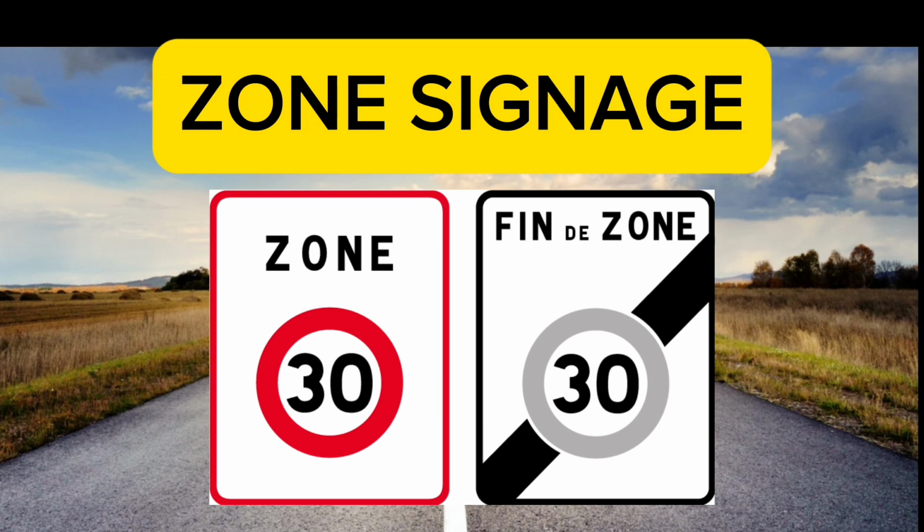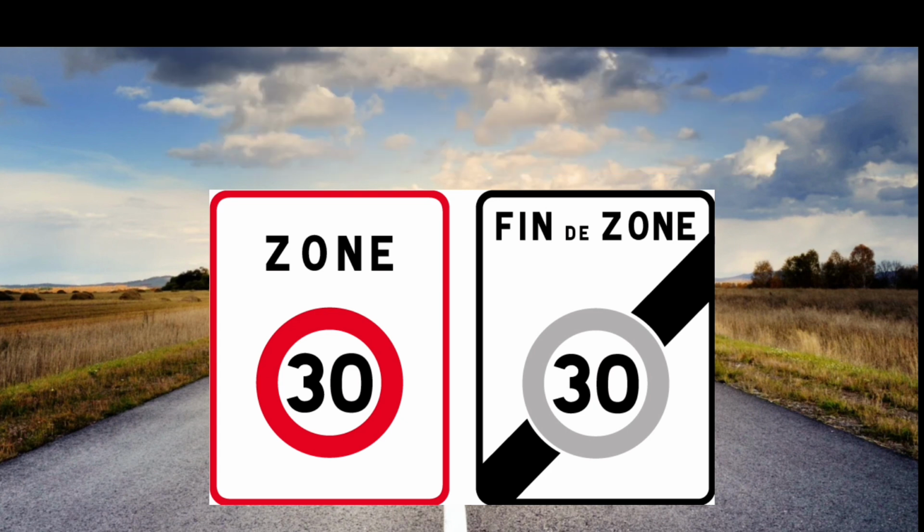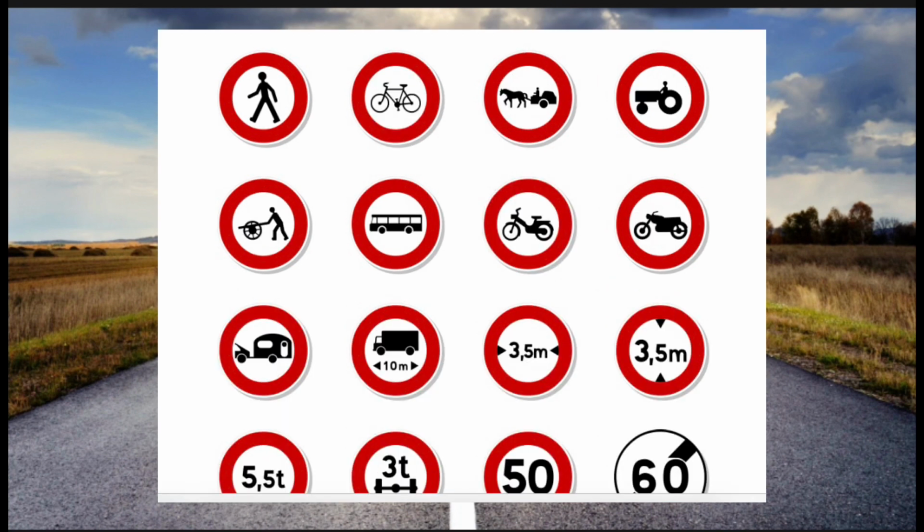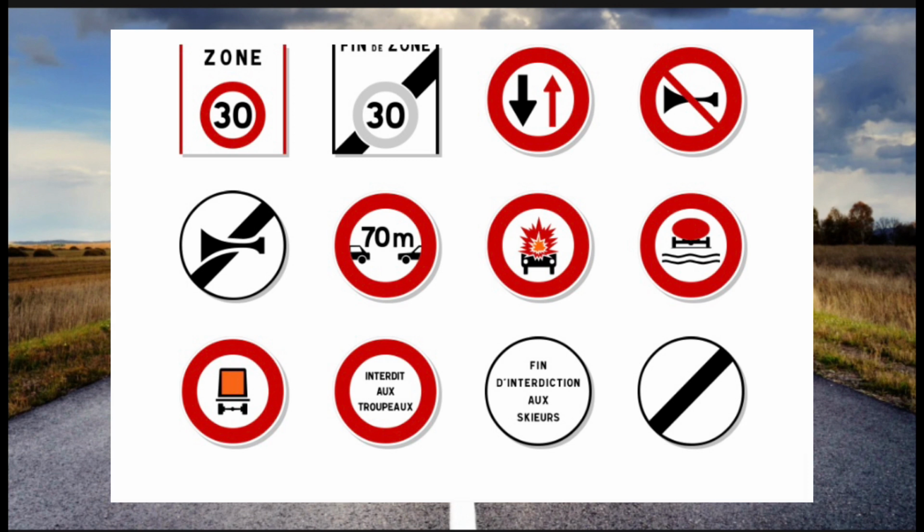They do not concern only one street, but the entire neighborhood that extends to the entire city. The rules imposed by this signal apply up to the exit of the city. The following are the examples of prohibition, end of prohibition, and zone signage.